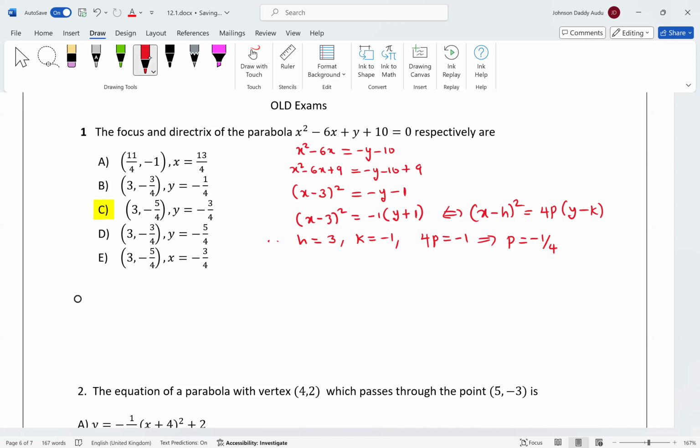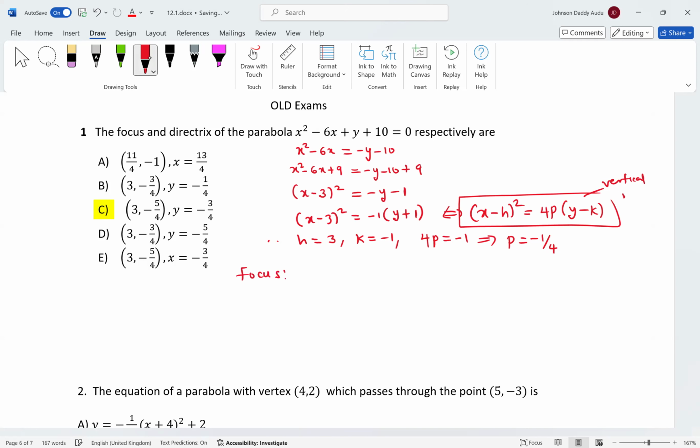So first of all, let's specify this is vertical since the square is on x, right? So if you want to find the focus by formula, it's just going to be (h, p plus k).